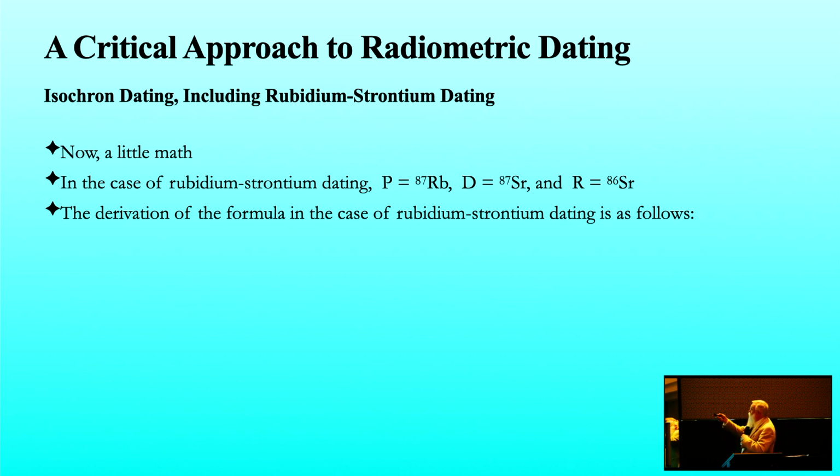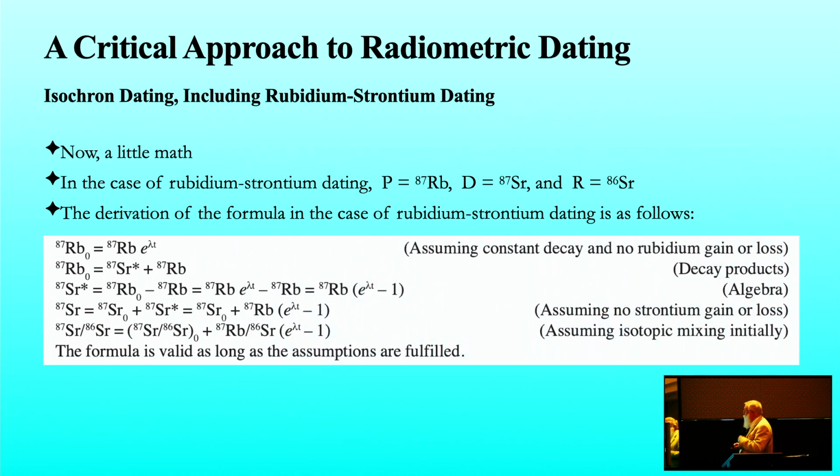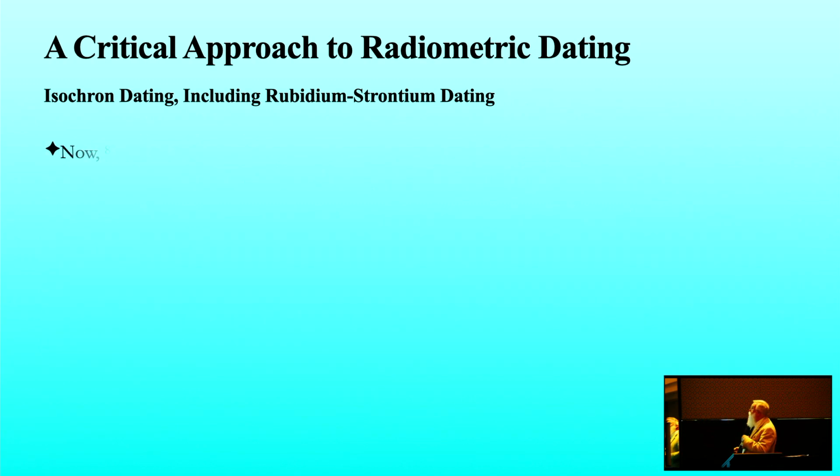Okay, the derivation of the formula in the case of rubidium-strontium dating looks like that. Now, I expect you all to memorize that. You got 5 seconds. But, you know, if you go through the math, it'll turn out that it will perfectly match. Okay.